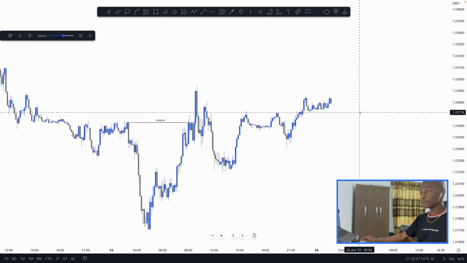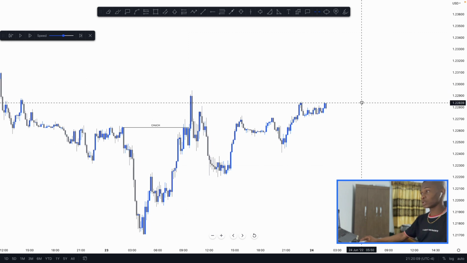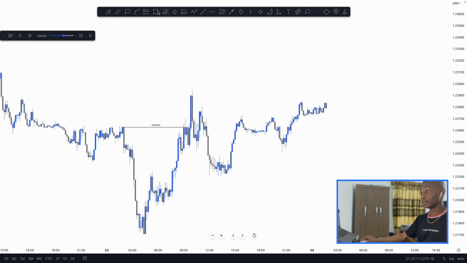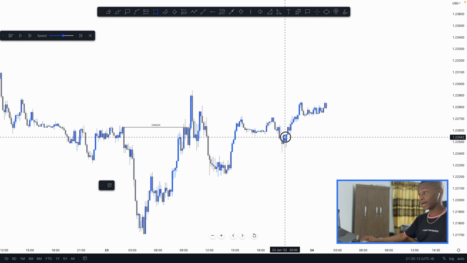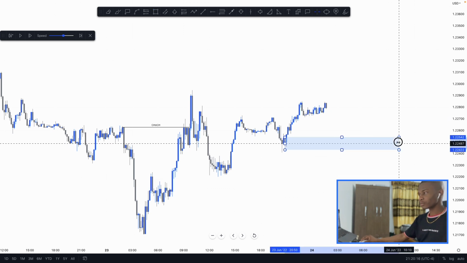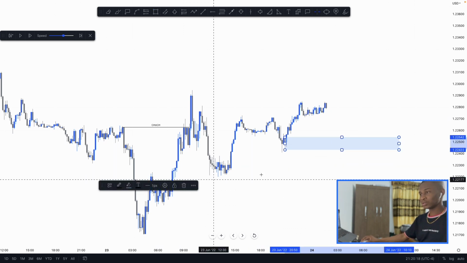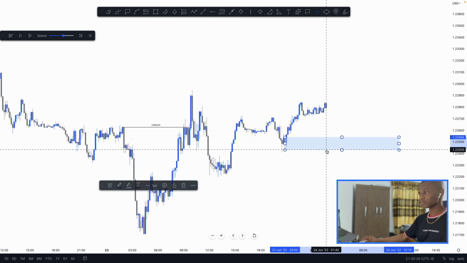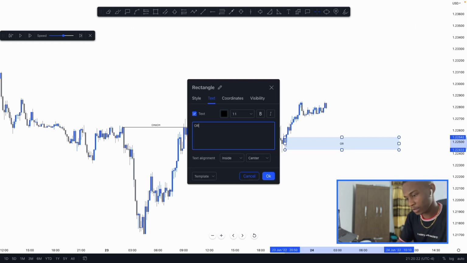One thing that I realized was that we had this demand zone right here, and this demand zone was the origin.